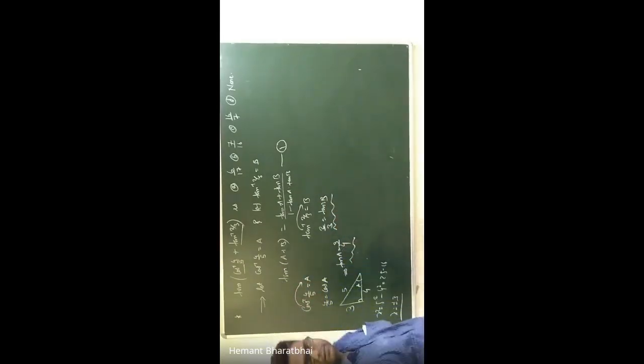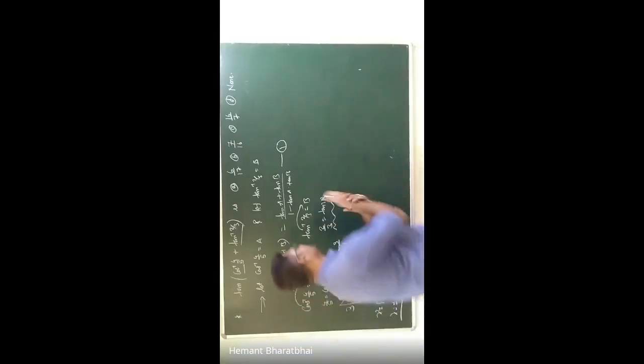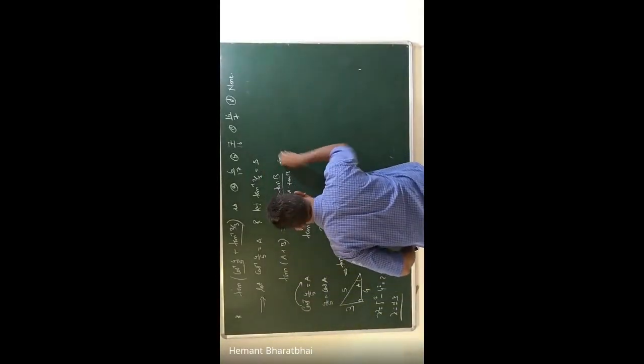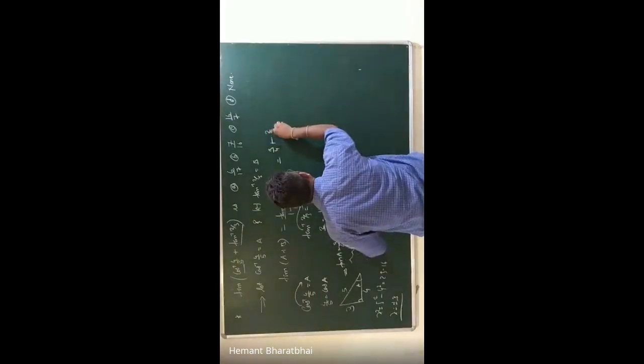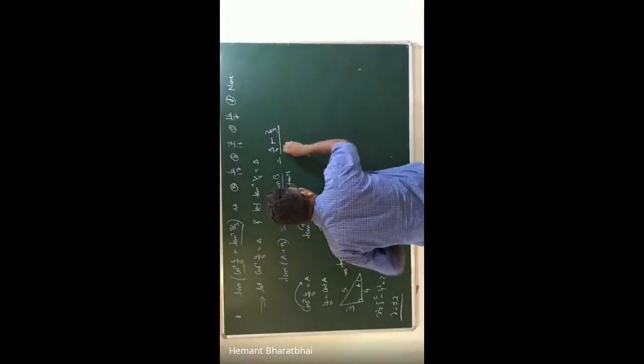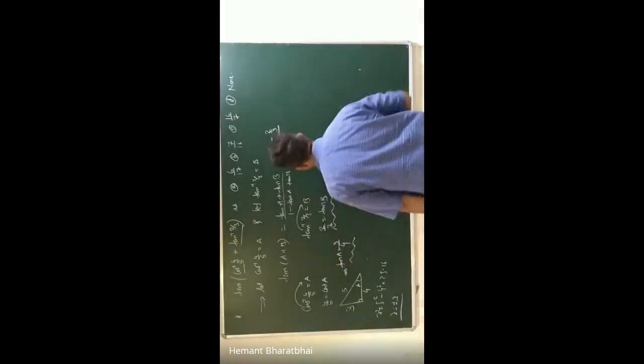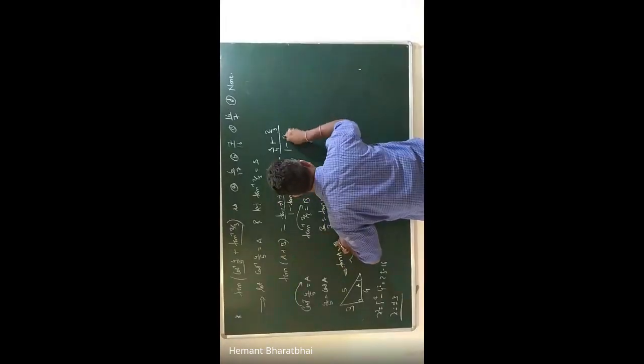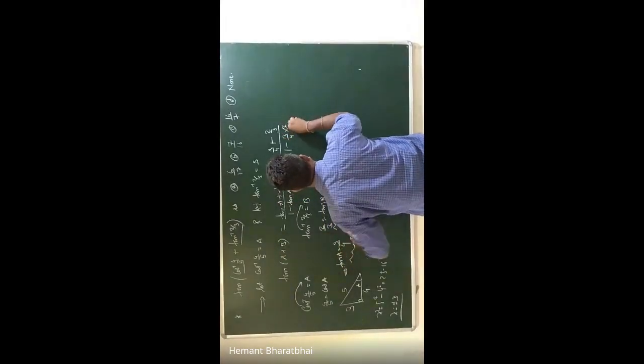So now I have the value of tan B also, and the value of tan A also. I can substitute over there. Tan A is 3 by 4, so 3 by 4 plus tan B, that is 2 by 3, divided by 1 minus tan A into tan B, so 1 minus 3 by 4 into 2 by 3.